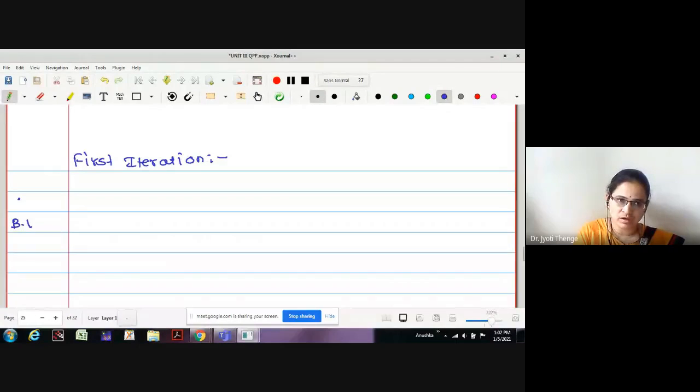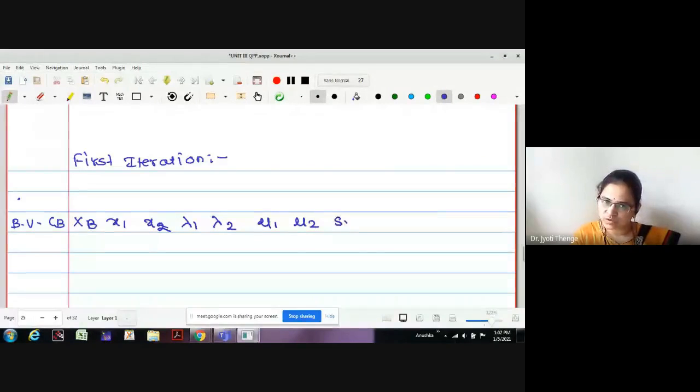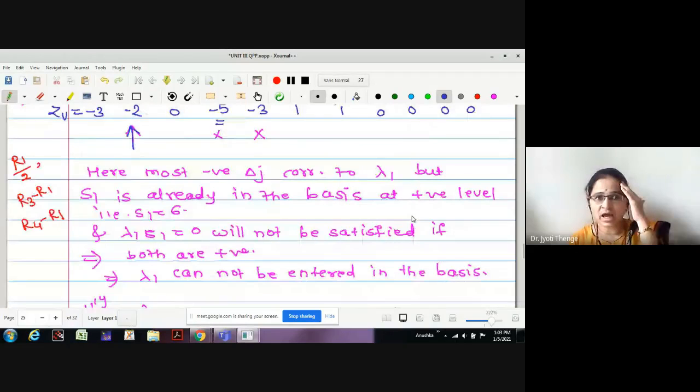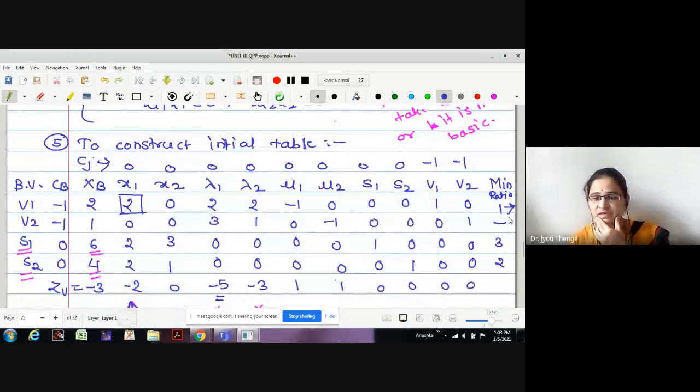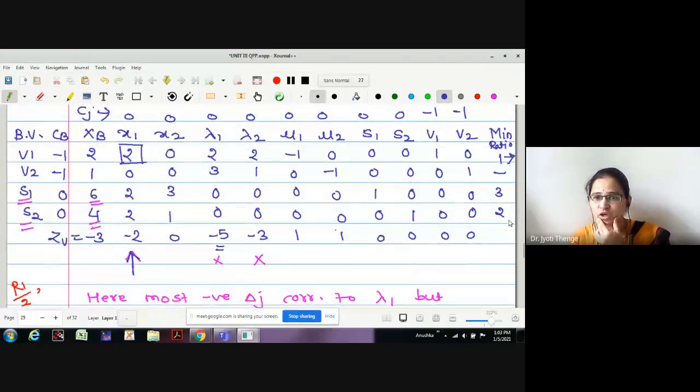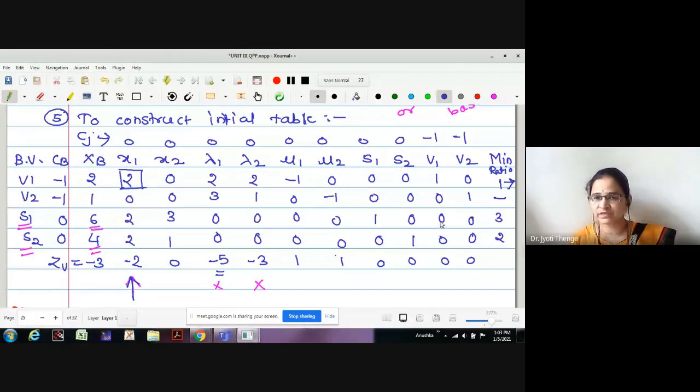Basic variable, CB, XB, X1, X2, lambda 1, lambda 2, mu1, mu2, S1, S2. Now, as we have discussed already, as V1, an artificial variable, is going to leave the basis, you can drop the entries in the V1 column.